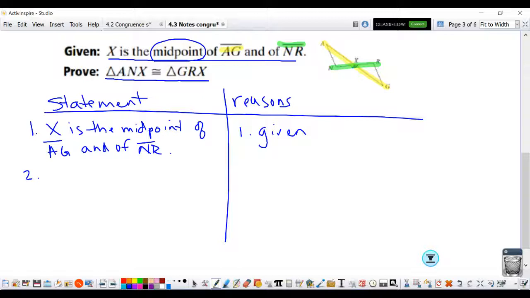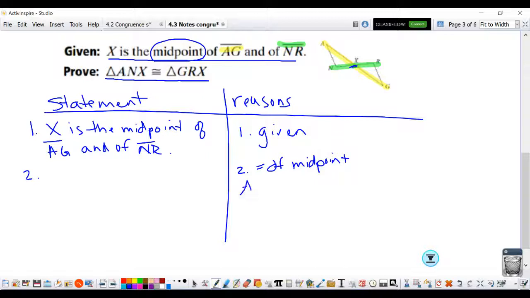So the midpoint is in the middle of a segment. So X is in the middle of the yellow line, so I can say definition of midpoint. Let's talk about the why first. So definition of a midpoint.